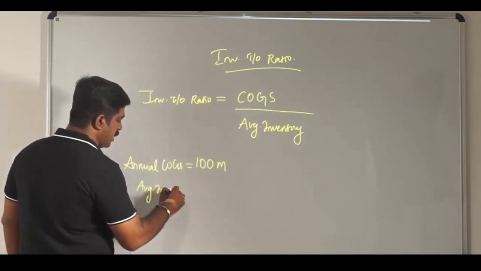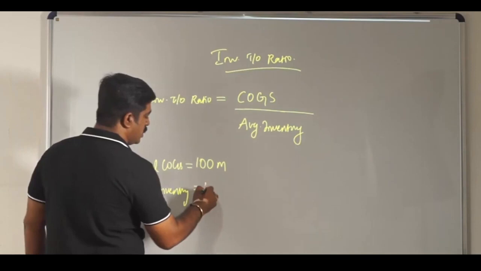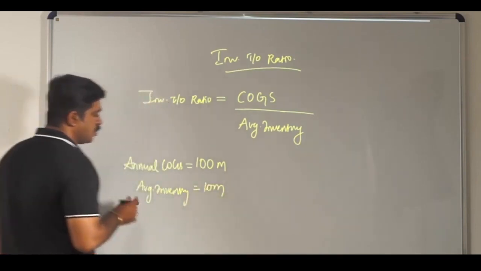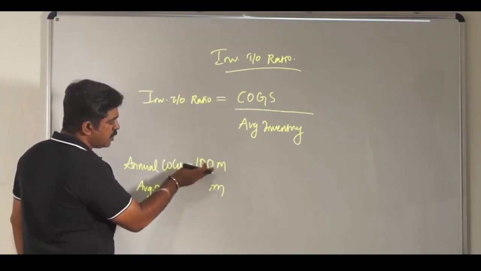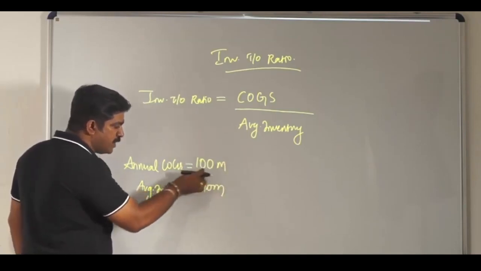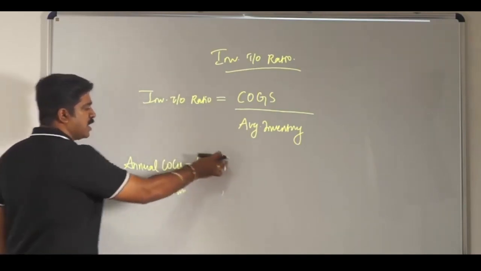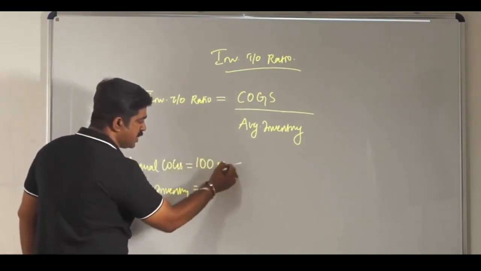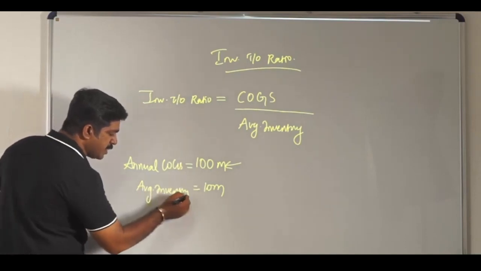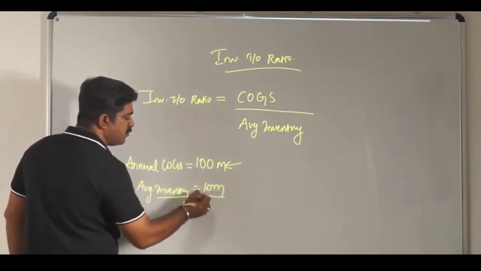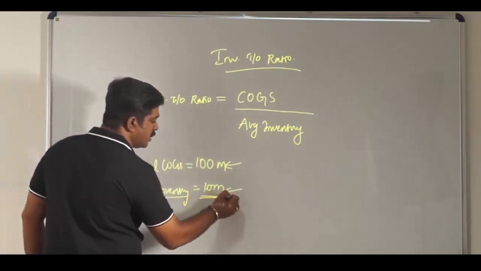Let's say they keep an average inventory of 10 million. So now what you can infer is their annual cost of goods sold. For one full year, they have made some sales, and for that the cost which they have incurred is 100 million. Okay, and in their inventory they have inventory worth 10 million.